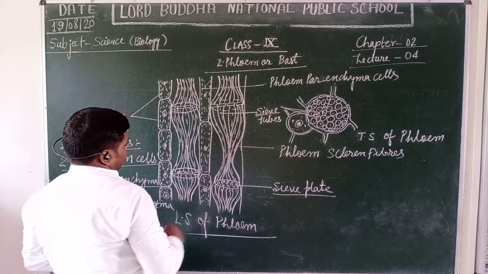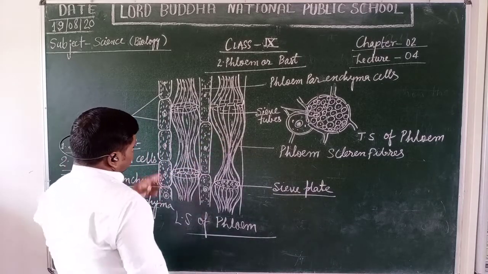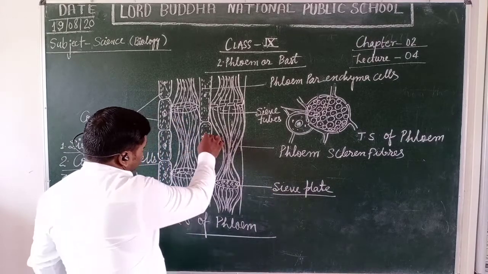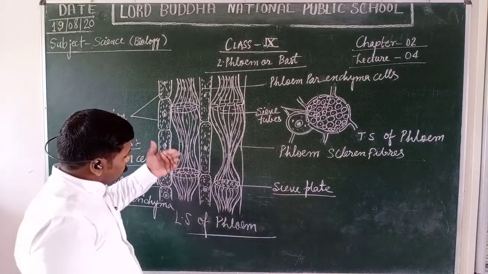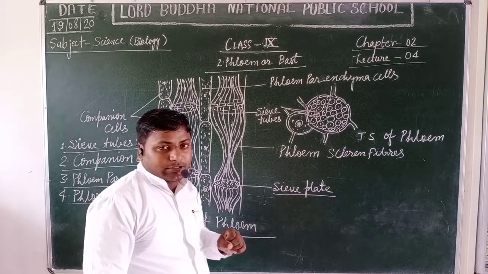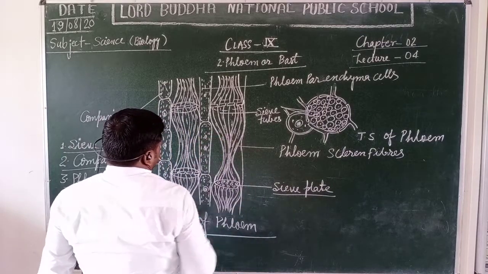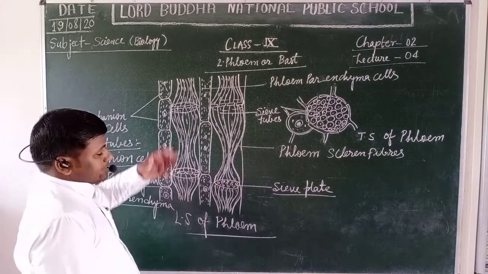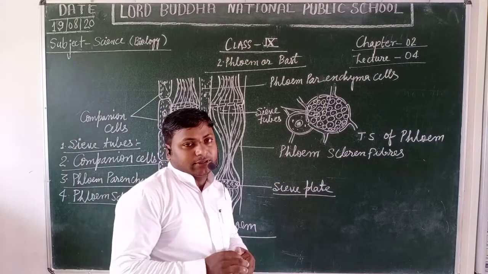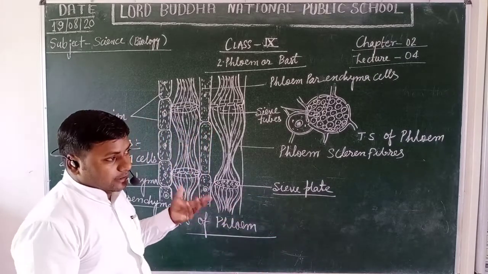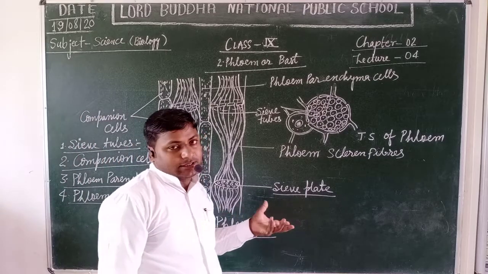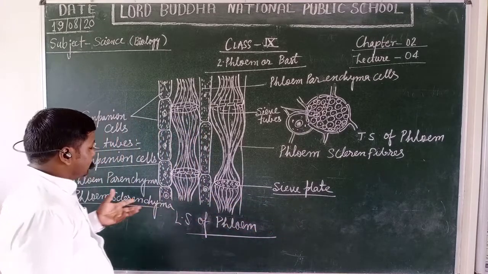More intercellular spaces are present inside these cells. These spaces also help in the storage of extra food substances like starch, lipids and fats.